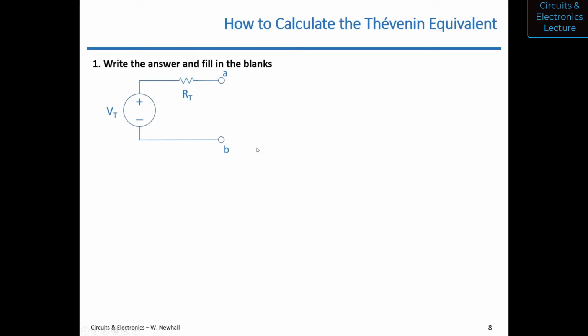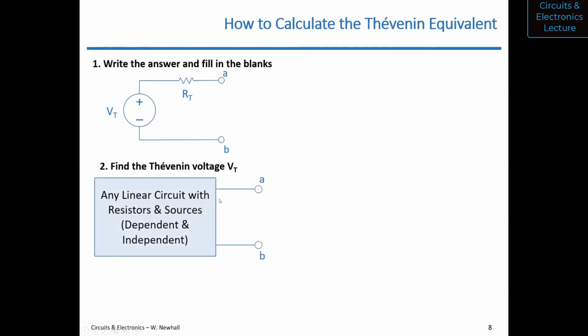If you're asked, determine the Thévenin equivalent between terminals A and B, or X and Y, or C and D, it will look like this, except you will fill in the value of VT in volts and the value of RT in ohms, and you might have different terminal letters next to the terminals, but the answer is always going to look like that.